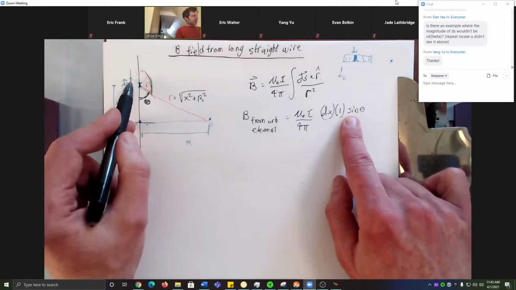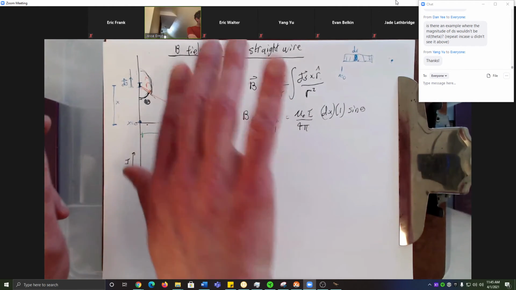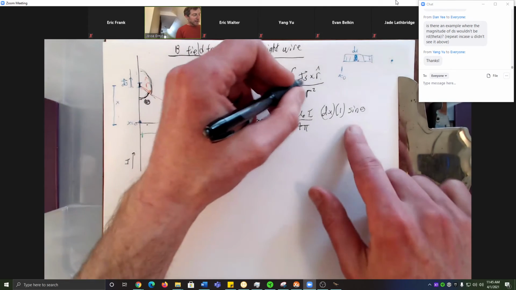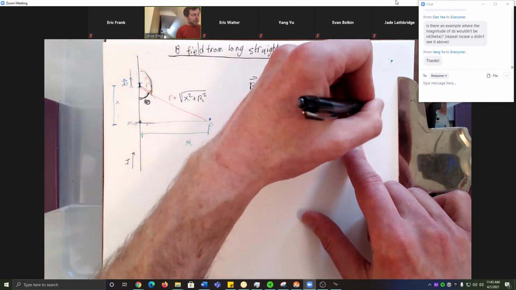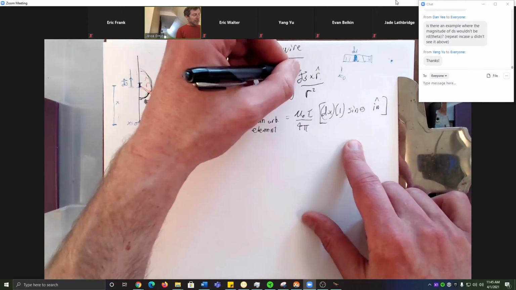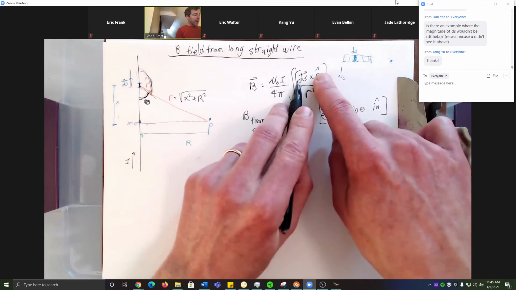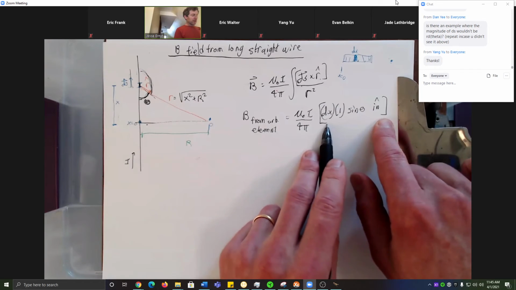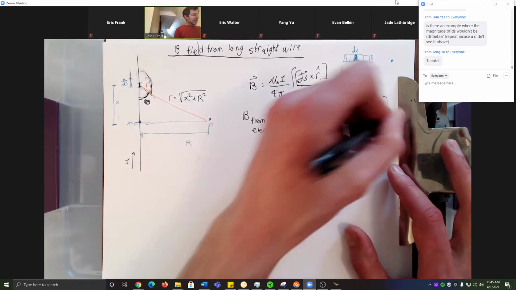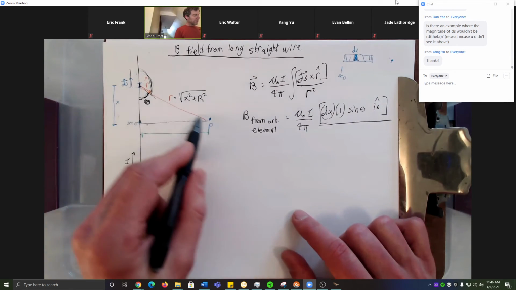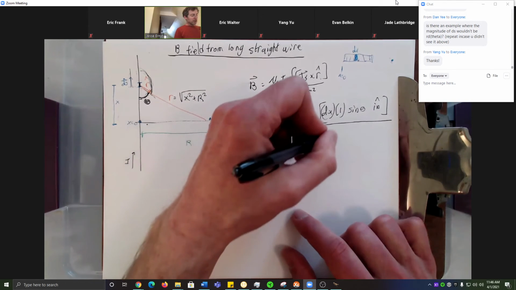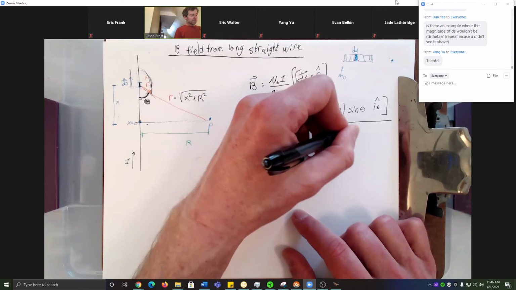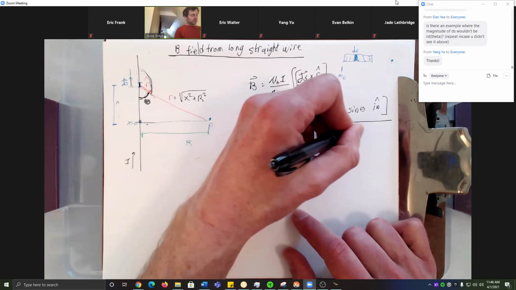The direction of ds vector cross r hat is into the page. It's going to be in hat. So this whole thing, the square bracket, turned into this, divided by the distance squared, which is going to be x squared plus r squared. Okay.